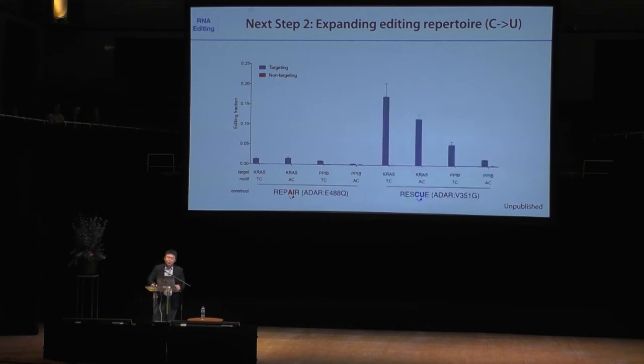But if we introduce engineered mutations into this enzyme, we can then get it to change C to a U rather than A to a I. And so now we can develop a second system called RESCUE that then converts the C into a uracil. And that will allow us to make even further number of changes within the RNA of these cells.